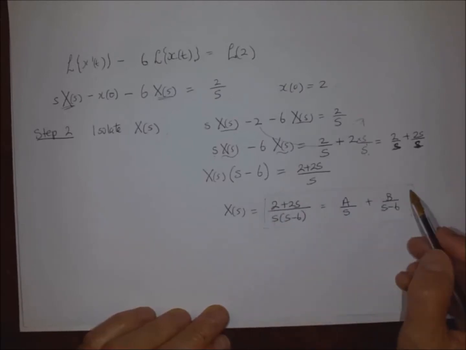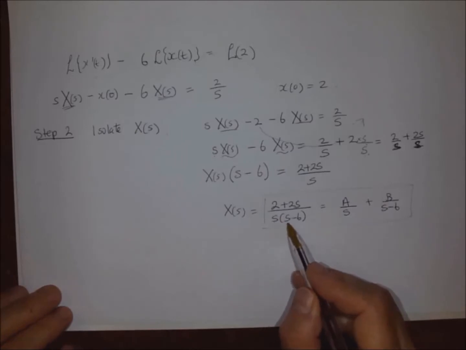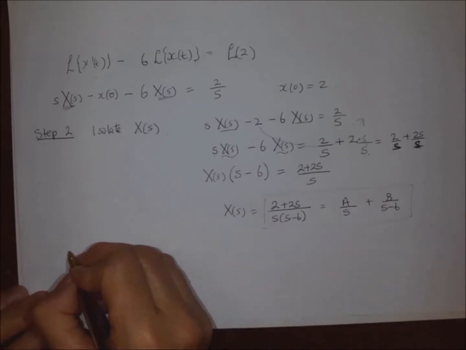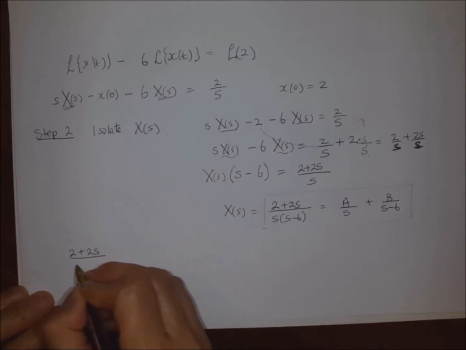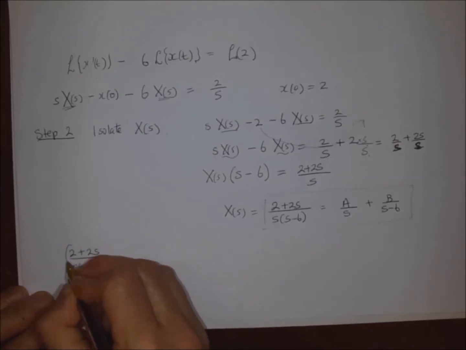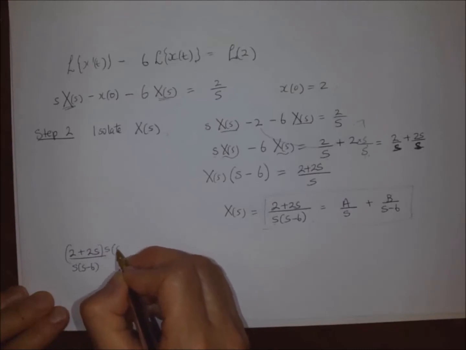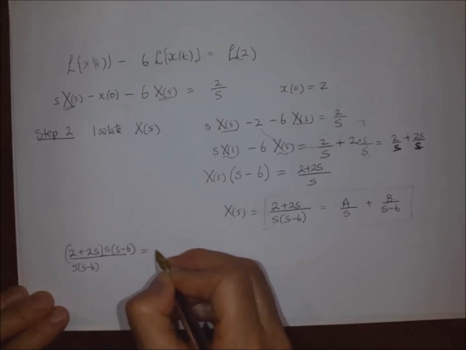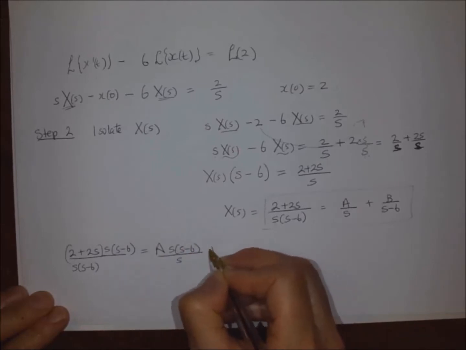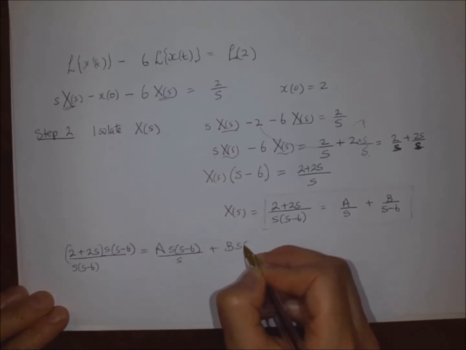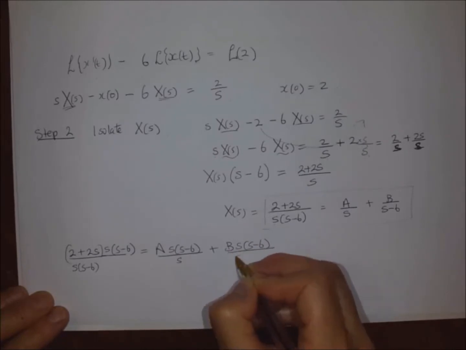If we multiply everything across by s times s minus 6, we will have 2 plus 2s over s times s minus 6, multiplied by s times s minus 6, equals A times s times s minus 6 over s, plus B times s minus 6 over s minus 6.